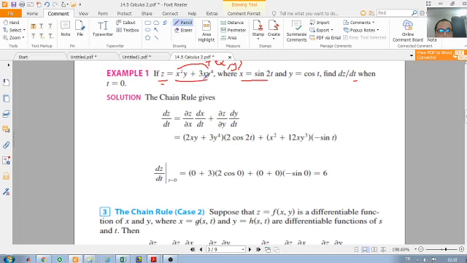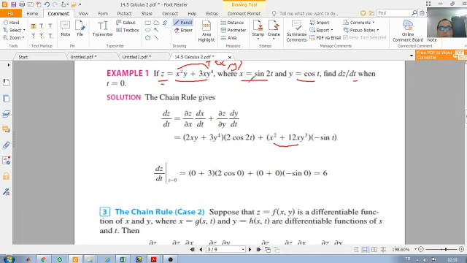The second one is 3 times y to the power 4 times the derivative of the inner function. The inner function is sine 2t. Its derivative is 2 times cosine 2t, plus, similarly, the partial derivative with respect to y, which you can find easily, times the derivative of the inner function, minus sine t.